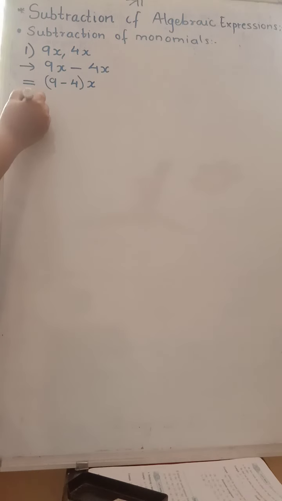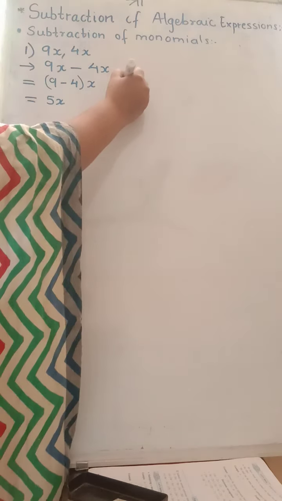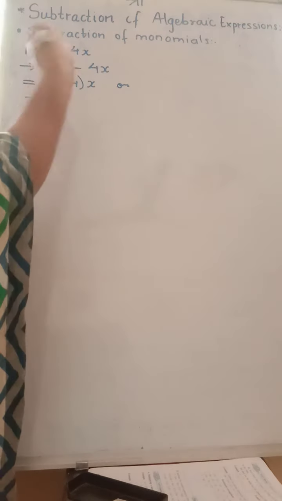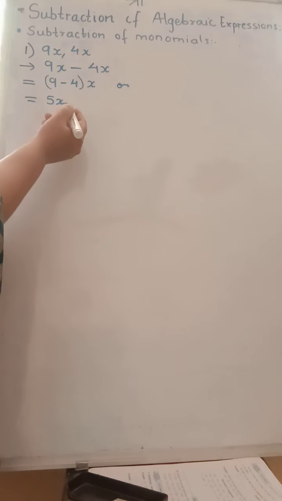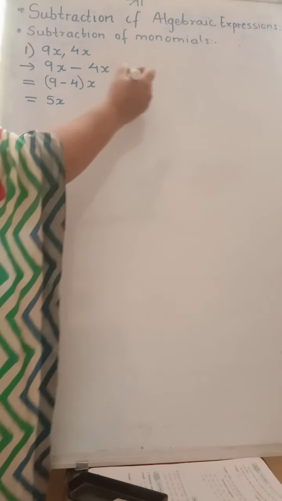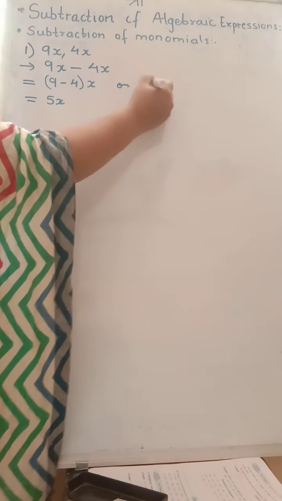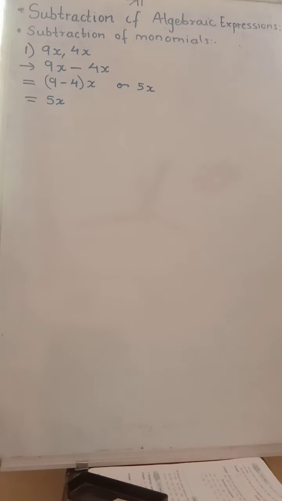So 9 minus 4 is 5, and our variable, that is x. You can do it in this way, or after writing this, directly do the subtraction, as the variables are same. 9 minus 4, 5, and variable common, that is x.